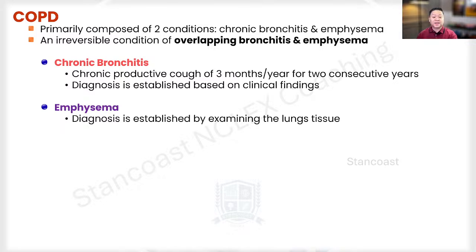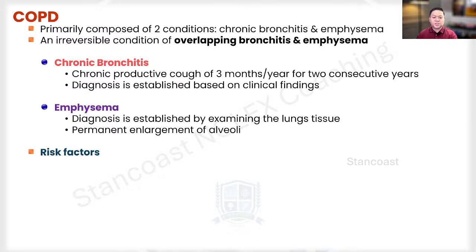And this is because of the destruction of the alveolar walls. Now, even though we distinguish between chronic bronchitis and emphysema, they often coexist, and pure forms of either condition are somewhat rare. Now, COPD is a major health issue, and it is actually ranking as the third leading cause of death in the US.